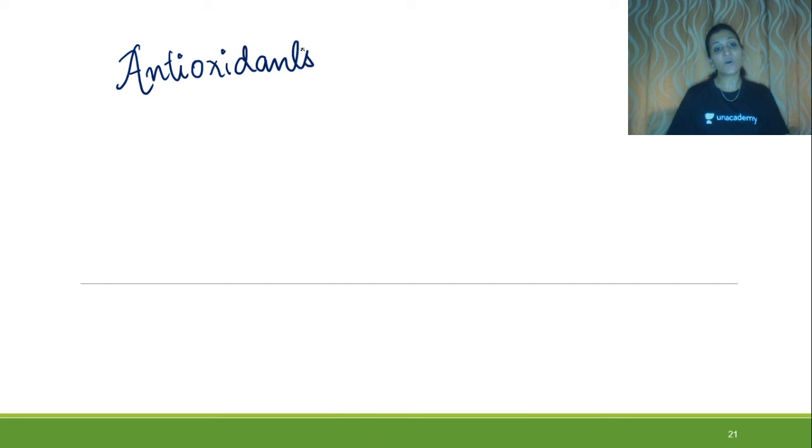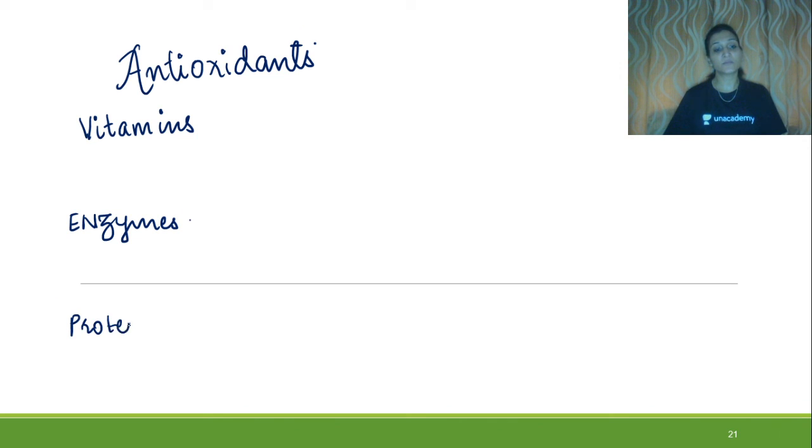These antioxidants fall into three groups. The first one is vitamins, the second one is enzymes, and the third one is proteins. So vitamins, enzymes, and proteins.